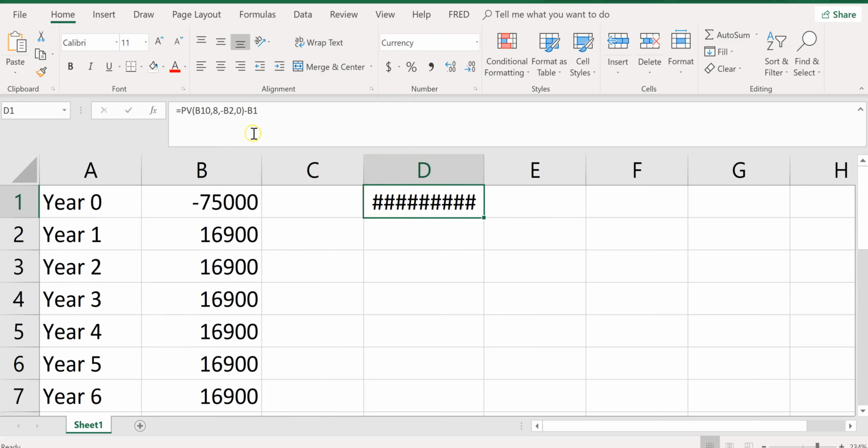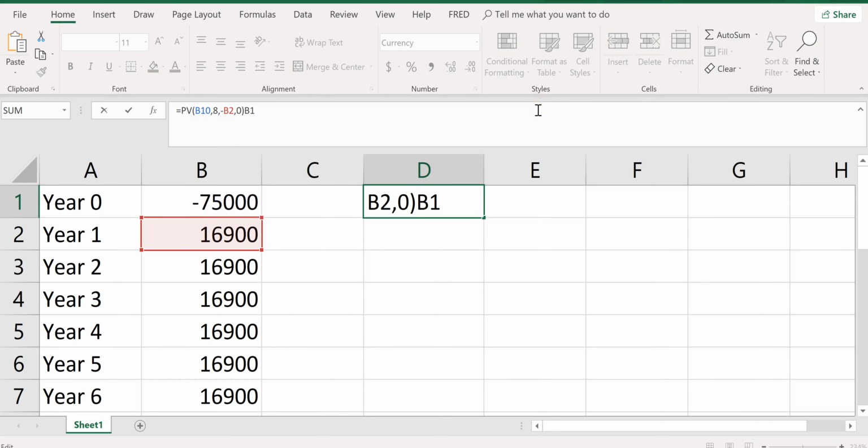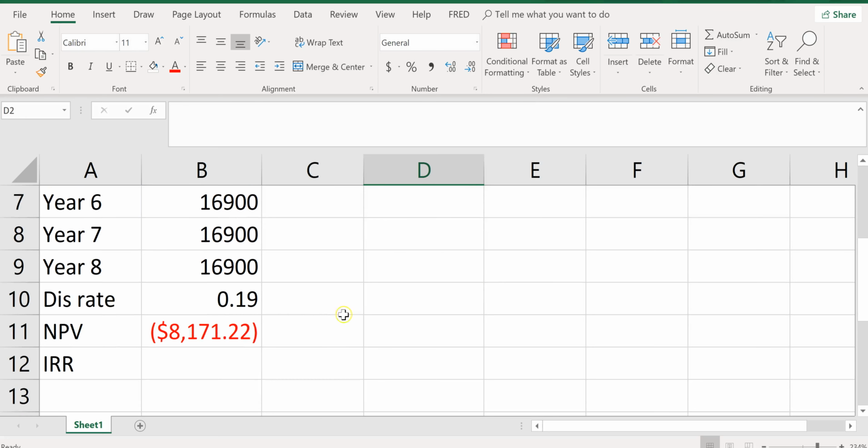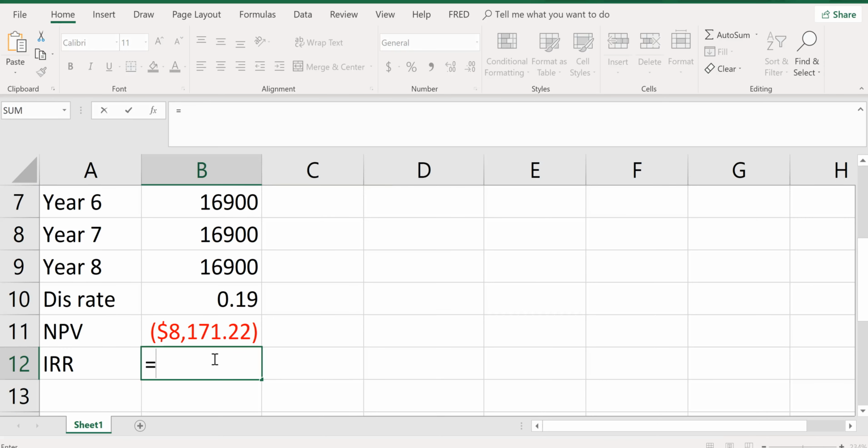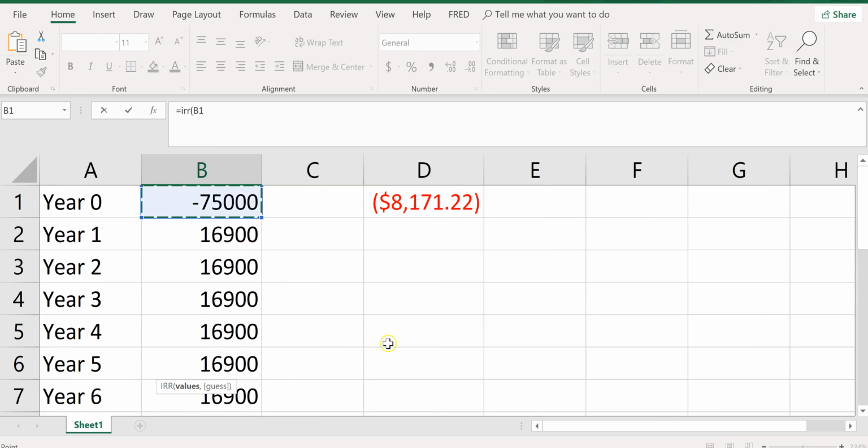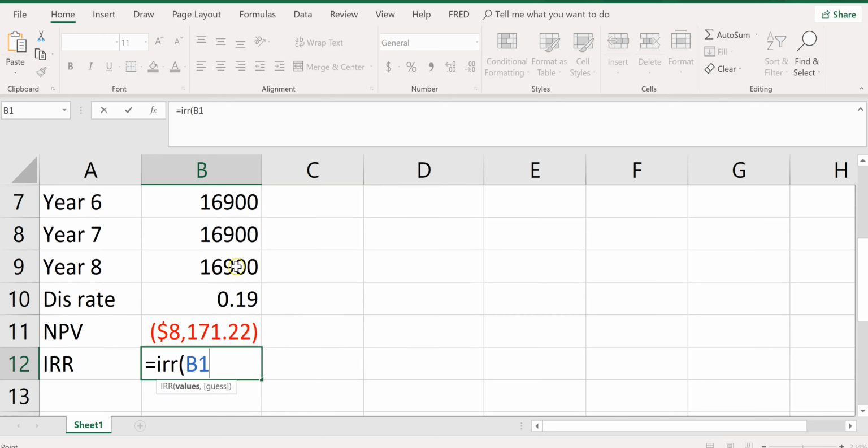Same thing here, plus, plus. So now after incorporating the signs on the cash flows, we can use the IRR function in Excel, starting from year zero's cash flow and pull all the way down to the last cash flow, which is year 8. And that's what the values here mean.